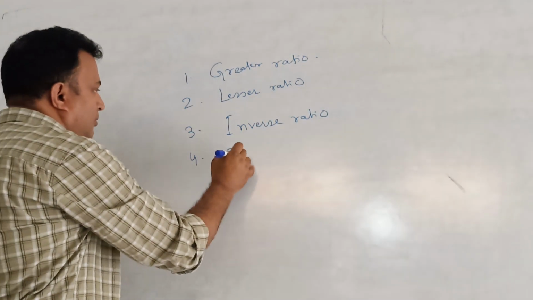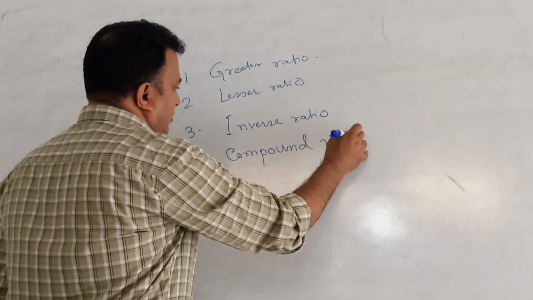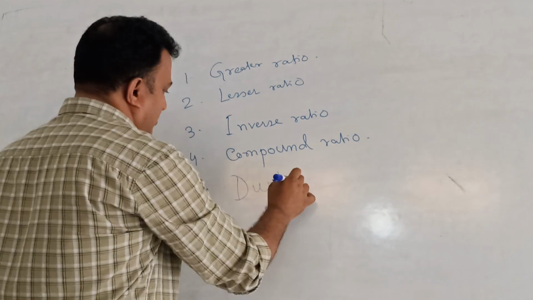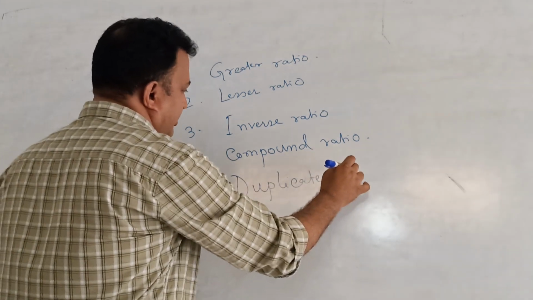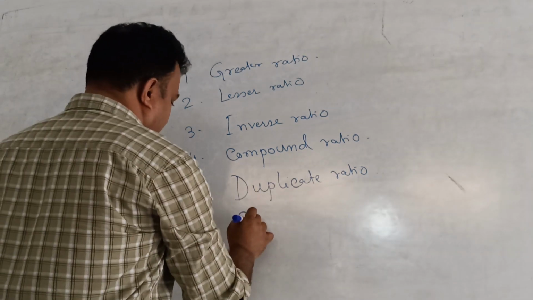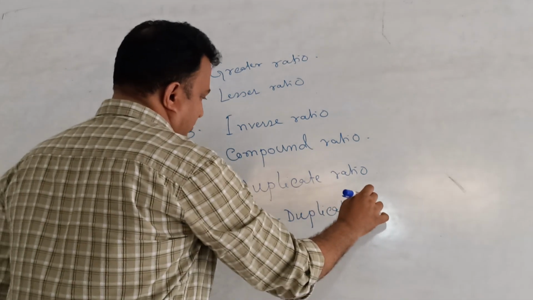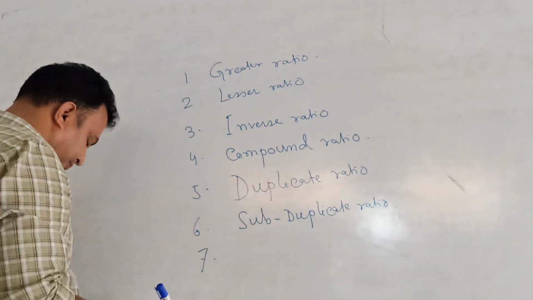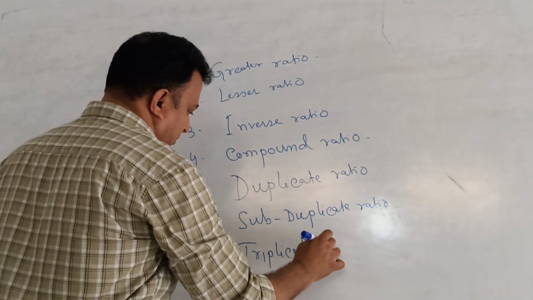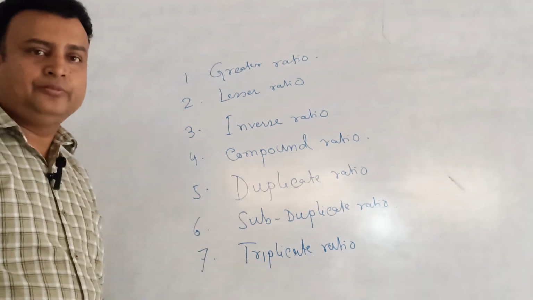Number 4, compound ratio. Number 5, duplicate ratio. Number 6, subduplicate ratio. Number 7, triplicate ratio. So these 7 terms we will discuss one by one.